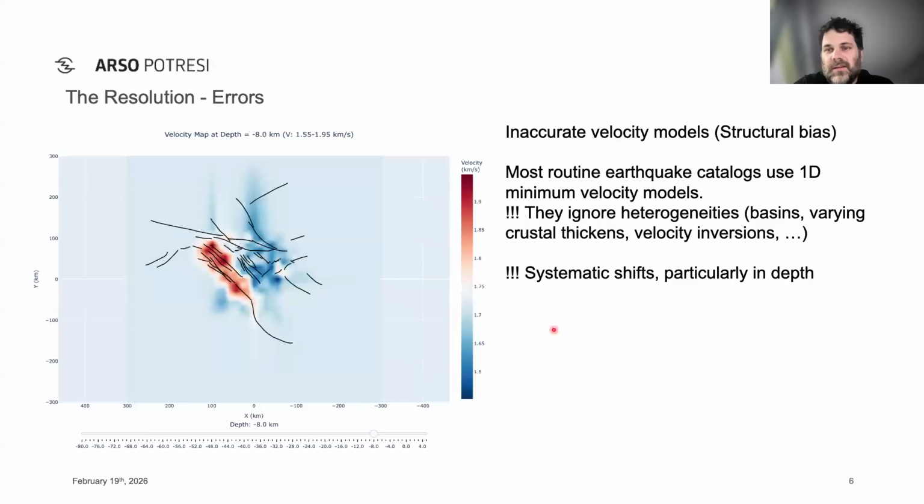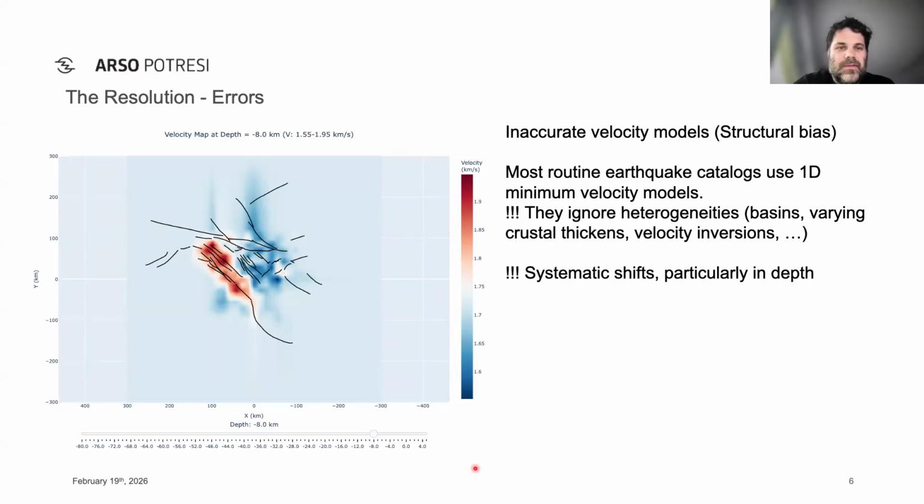Because the Earth has fault zones, sedimentary basins, we can have slow velocities or fast velocities in subducting slabs, let's say. So a lot of lateral and vertical heterogeneities. A 1D model will completely ignore this, and we are unable to really locate well.